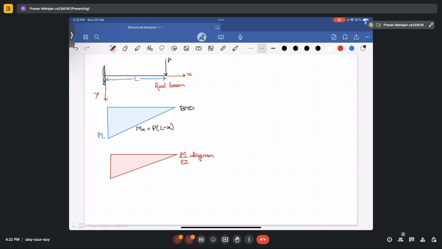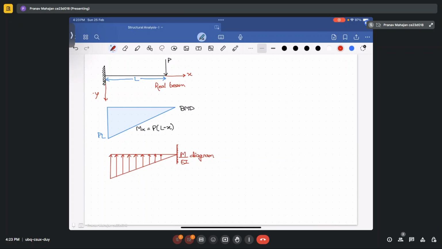And now your free end will become fixed, and your fixed end will become free.